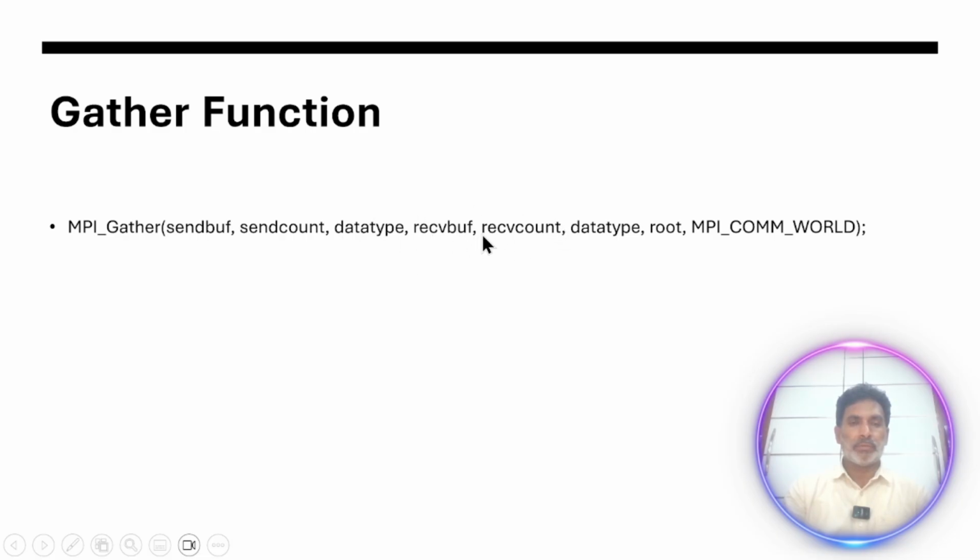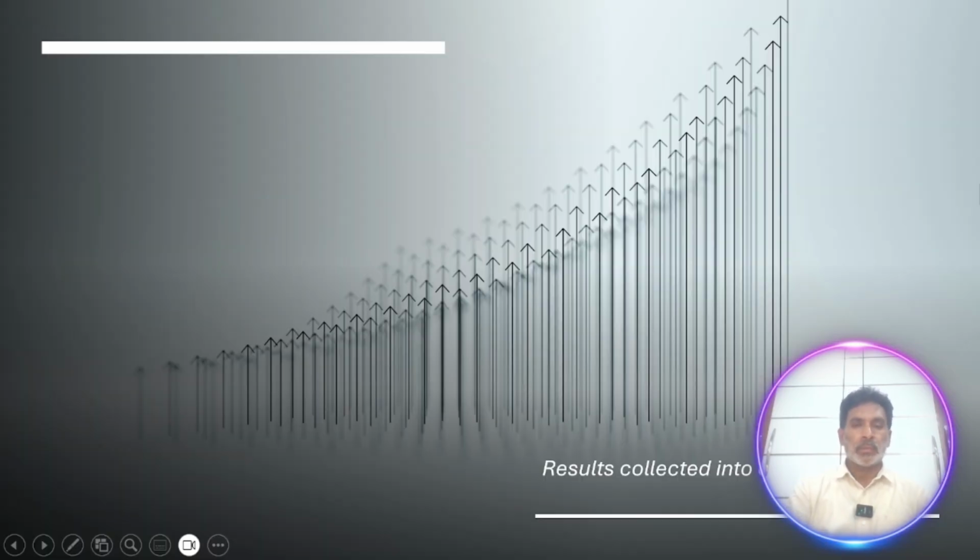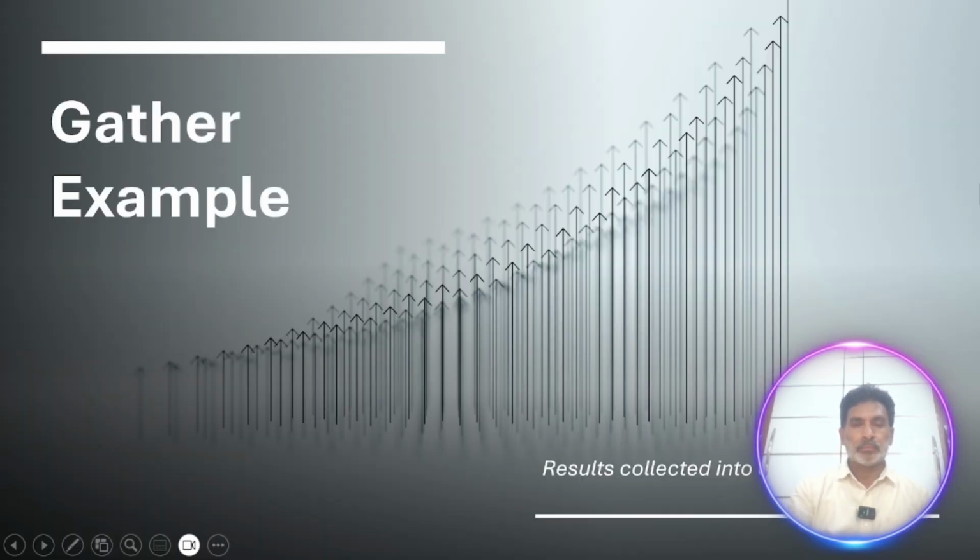The receive parameters are at the receiver side, and the send ones are at the sender side. The root is always the main node, and MPI communication world is used for communication. And in gather, the results are collected into one array.